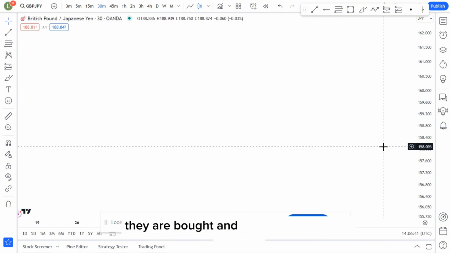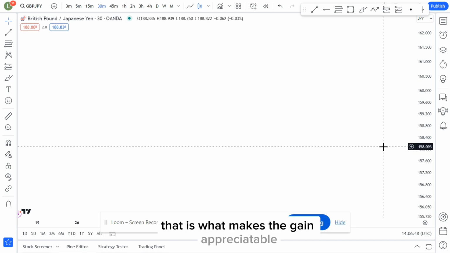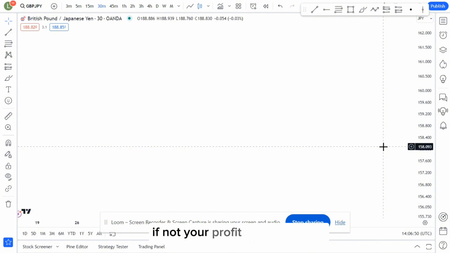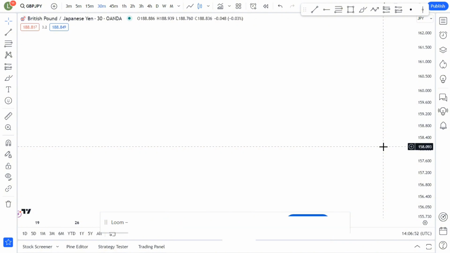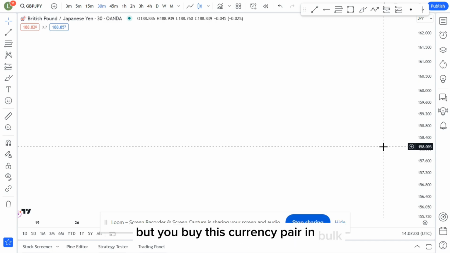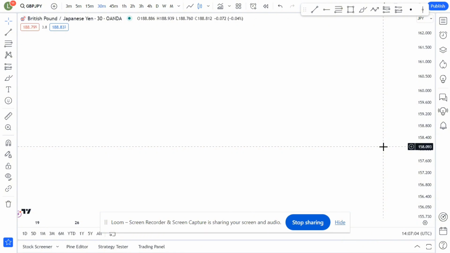They are bought and sold in packs called lot sizes. That is what makes the gain appreciable. If not, your profit in forex would be maybe $0.0001 or something like that. But you buy these currency pairs in bulk or in packs known as lot sizes, right? That is why they are appreciable.